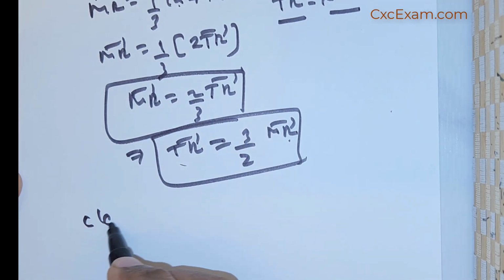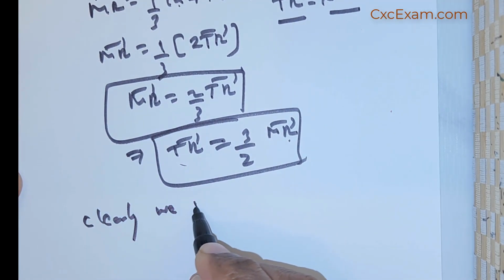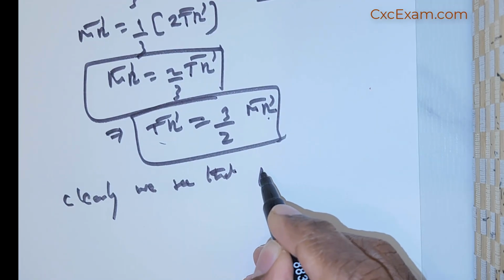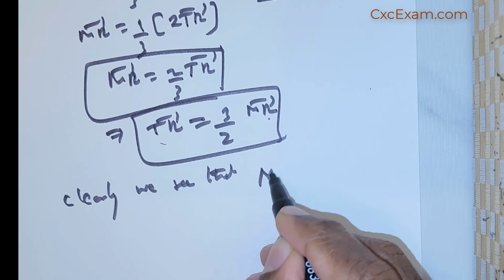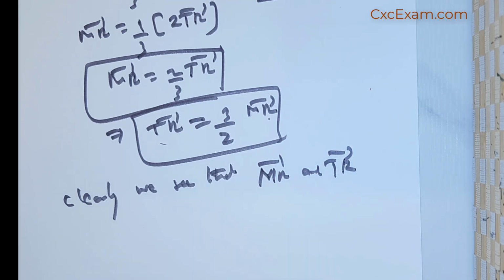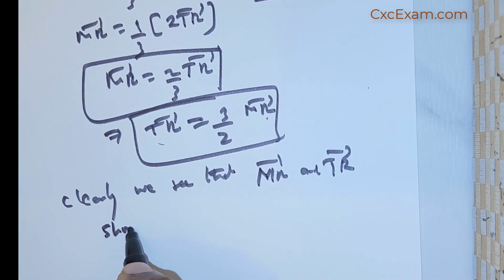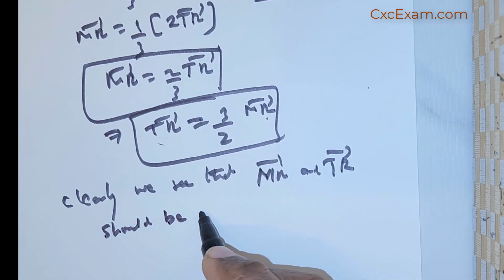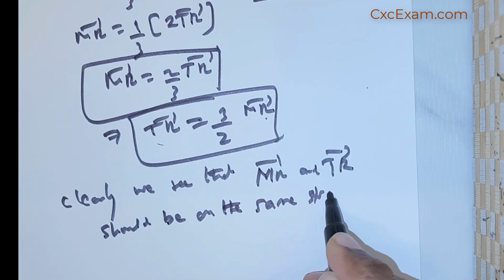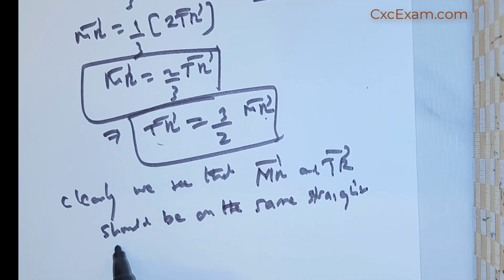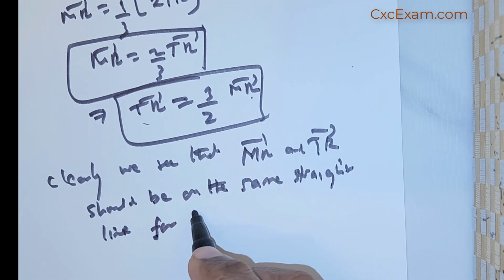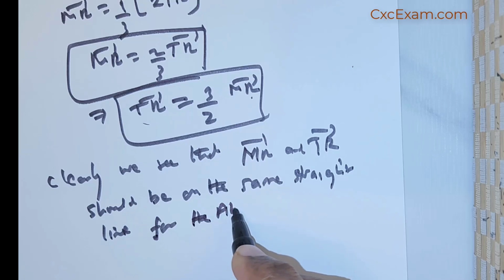So I can conclude here clearly that MR vector and TR vector should be on the same straight line, for the above relationships to happen.